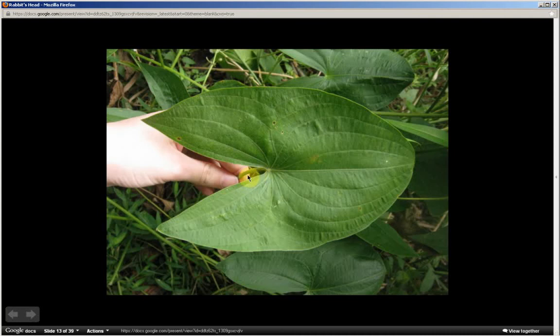The leaf stem, or the leaf stalk, is flexible. It's triangular in cross section, and it could be up to 2 feet long, and they're quite stout. Rabbit's head.